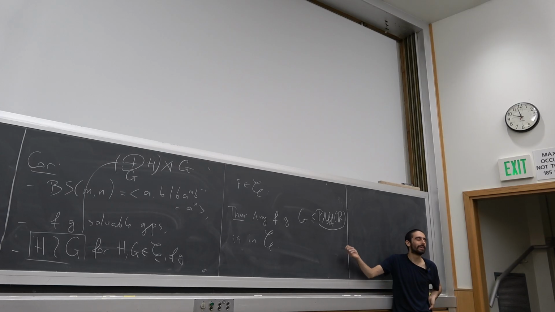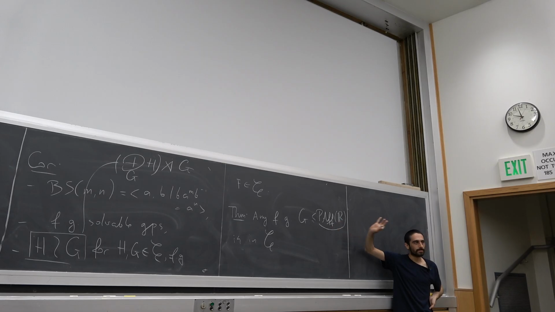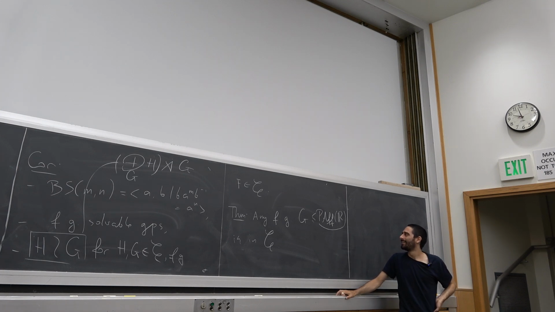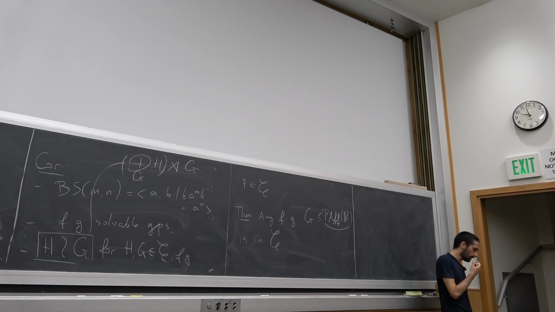No, this is true in general. This is part of the work that you did. Yeah, you need more things, I think. You allow infinitely many breakpoints? Yeah. It works for piecewise projective too.